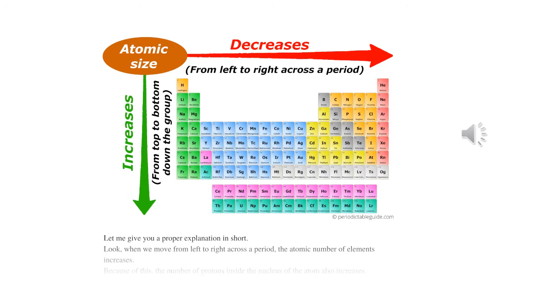So first they considered the atomic radius of each element. On this basis, the atomic size decreases across a period. Simultaneously, from top to bottom, atomic size increases.